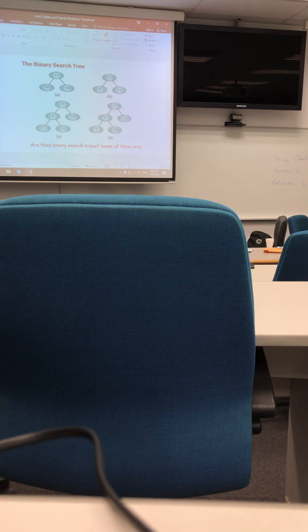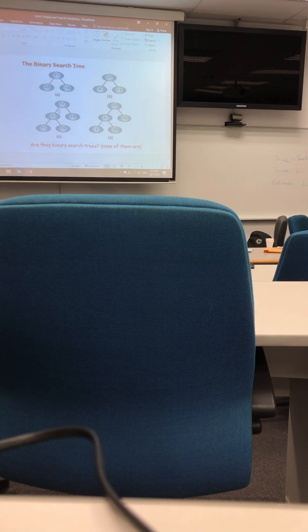For this one, 17, the left subtree is this one, right? So all the nodes in the left subtree have values lower than 17, right? The nodes in the right subtree have values higher than the node, right? So 17 satisfies the property, right?